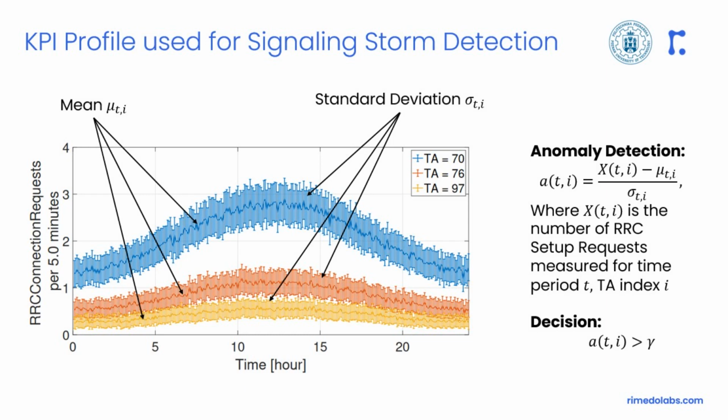During network operation, the number of RRC setup requests is constantly monitored for each observed timing advance. To detect a signaling storm, it is compared against the values from the KPI profile to compute the so-called anomaly value, as given in the equation on the right. If the anomaly value exceeds the gamma threshold, the xApp identifies a signaling storm.